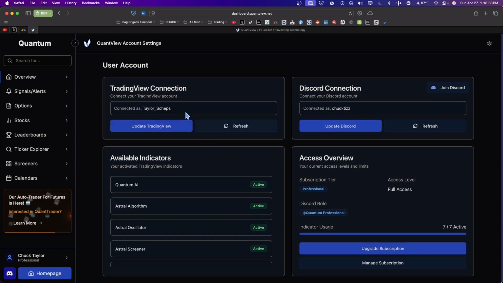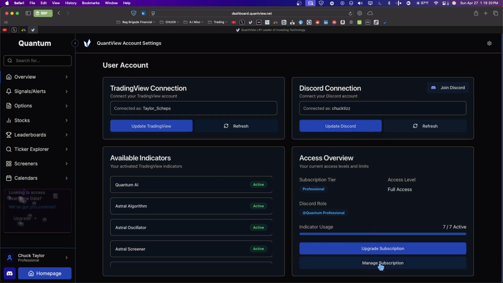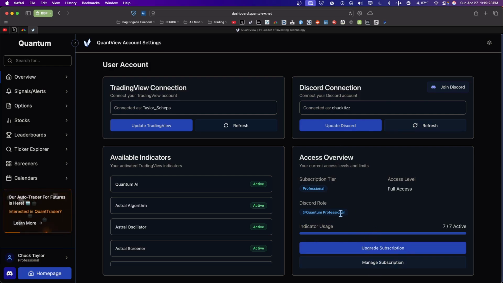You'll put your name in, and then you're going to hit update to TradingView, and see, I'm just going to hit refresh. It's saying, okay, cool. Then to get access to their Discord, you need to put your Discord ID, and then update Discord, and then you can join their Discord, and you'll be in there. You can manage your subscription from here. You can upgrade it, all that, right?